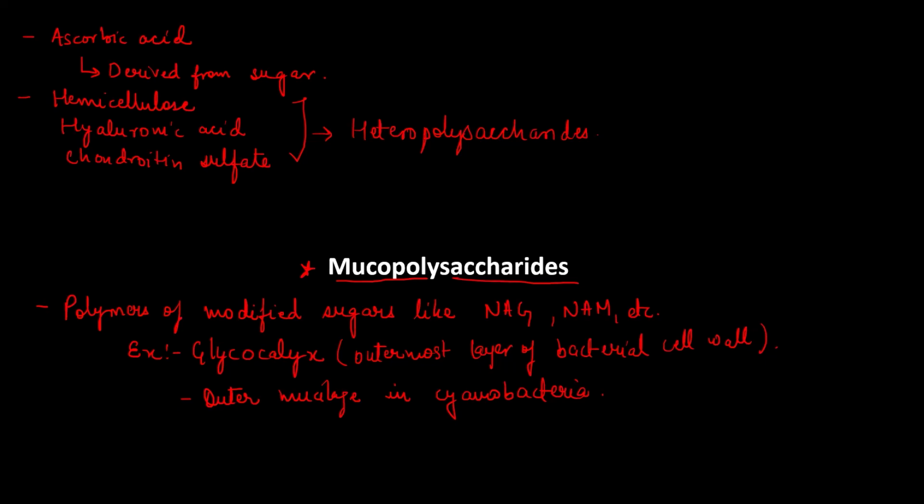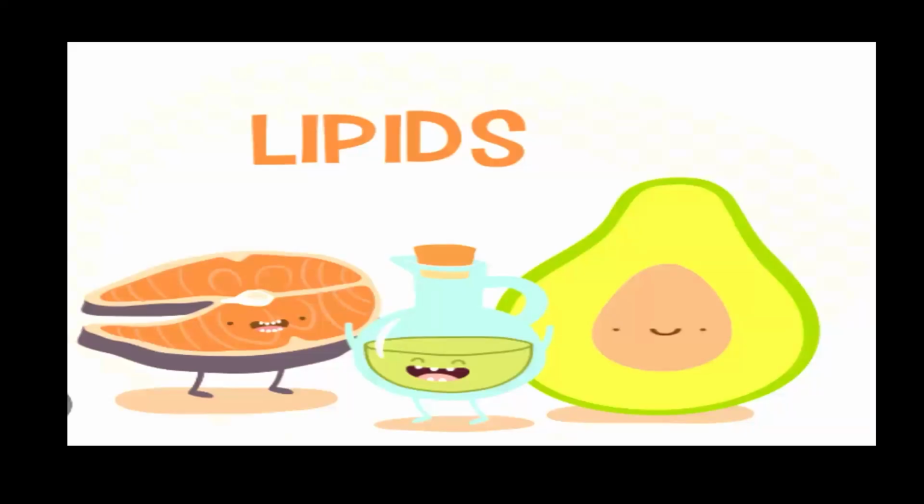Now, we are going to move to the next biomolecule, and that is lipids. So, what are lipids? We have often heard this term, that food has a lot of lipid, or you can say a lot of fat.